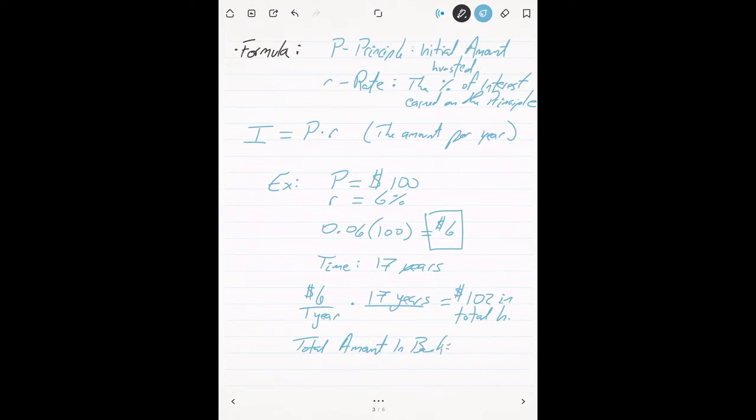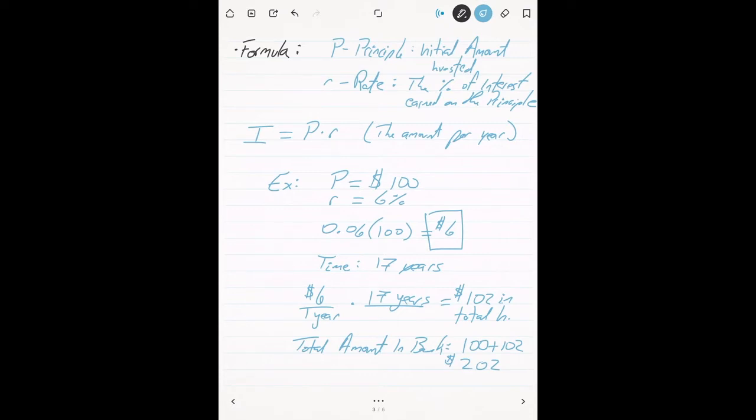How much do you actually have in the bank? You initially invested $100 and they gave you $6 for every year for 17 years. So how much do you have in the bank now? Well, hopefully you're saying, it's the $100 I started with plus the $102 I've earned. So the bank has given me $102, so I now have $202. That's how much money would be in my bank account. If I didn't touch the 100 I first put in there, I would end up with $202.